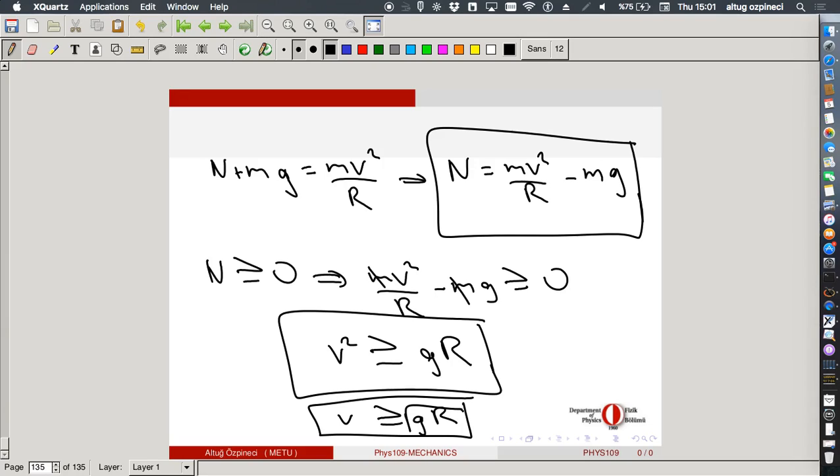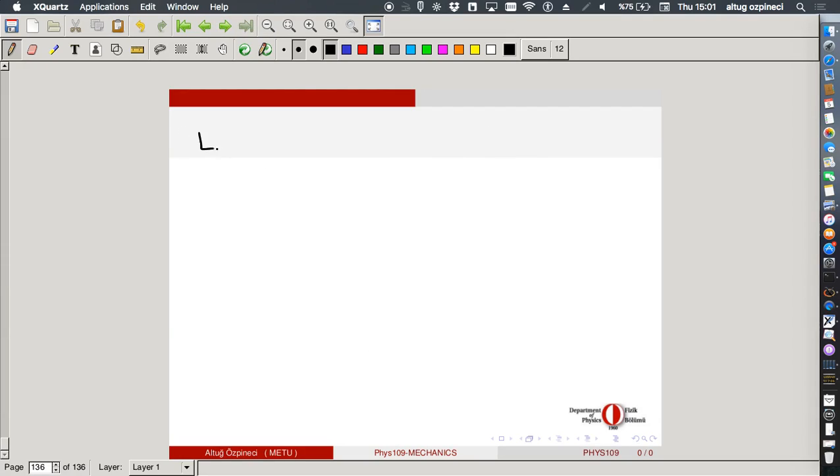Let's do the same example. So this is the question. You have a hill, and you have your object moving upward, and at some point it will come here with some speed v. I'm sure you have experienced it, especially if you are taking the dolmushes quite frequently.